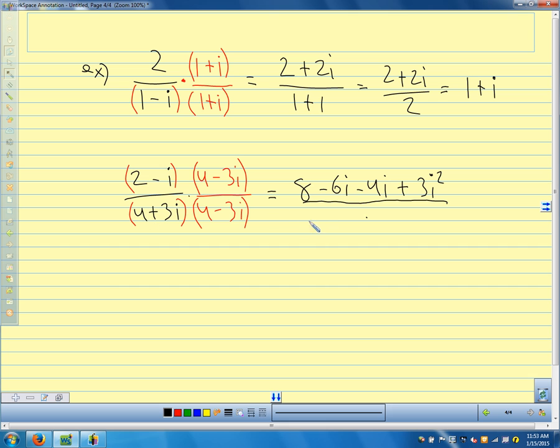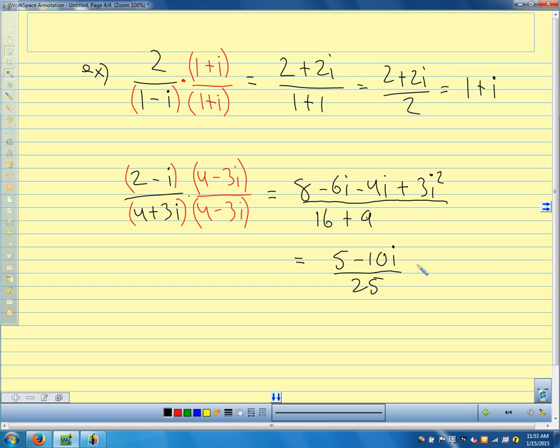And on the bottom, we end up with 16 minus 9i squared, so we get 16 plus 9. So in the top, I get 3i squared is negative 3. So I get 5 minus 10i over 25.